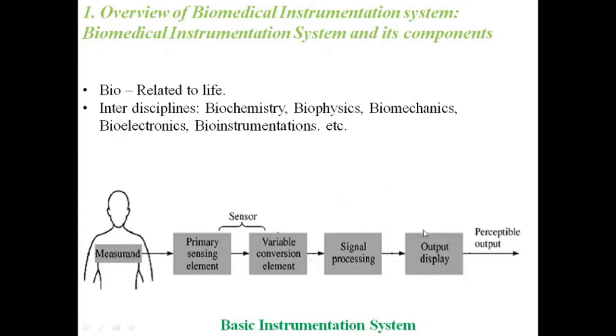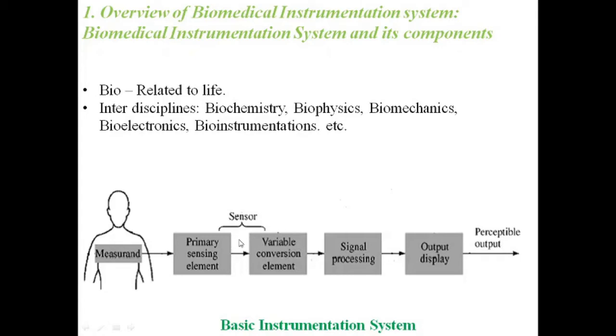Here is the overall block schematic of the bioinstrumentation system. It is shown that the measurand, the quantity or parameter concerned with the body function, is measured. The very first device concerned with this parameter is the primary sensing element, and next to it is the variable conversion element.